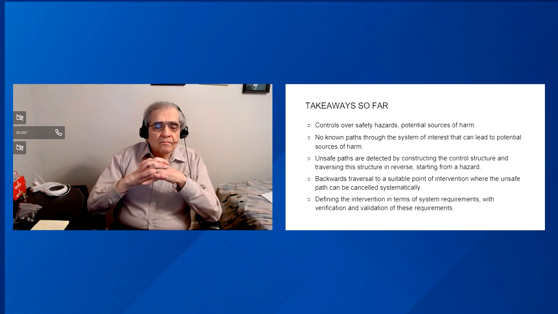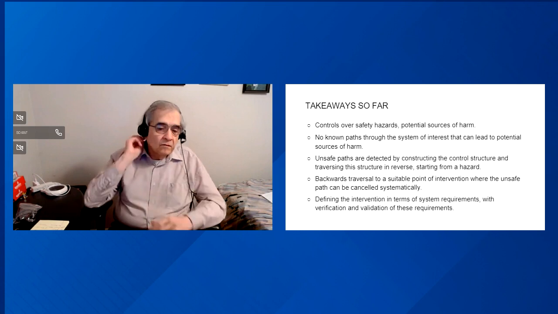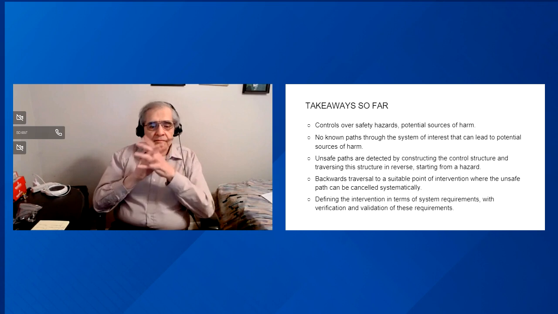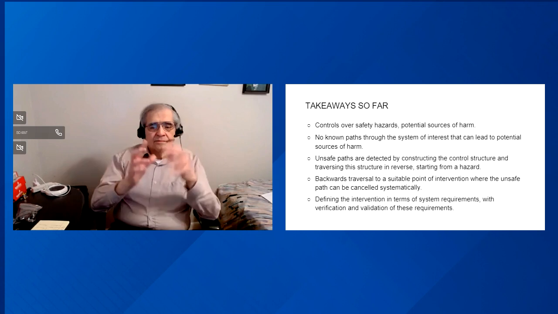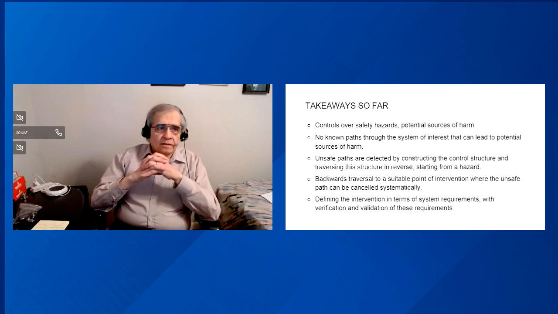Defining the intervention in terms of system requirements, with a verification and validation of these requirements. Okay, this is my intermediate summary.